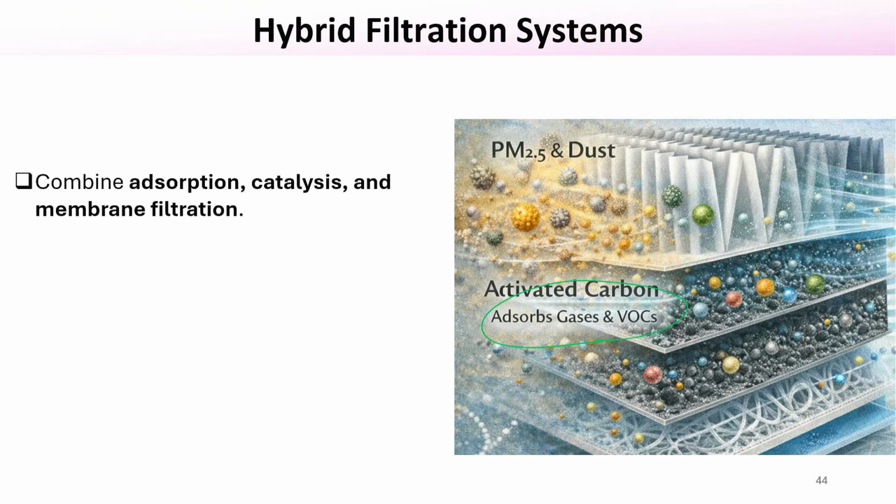So, combined adsorption, catalysis and membrane filtration can be done in one filter. With a hybrid filtration system, we can improve removal of complex pollutants, the different types of mixed pollutants, and address those issues here.